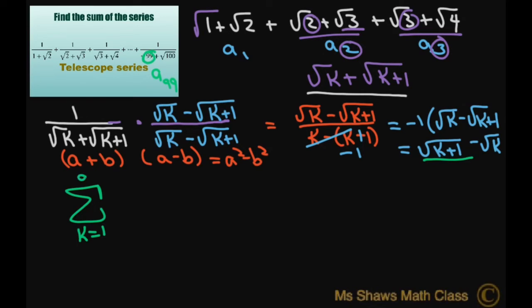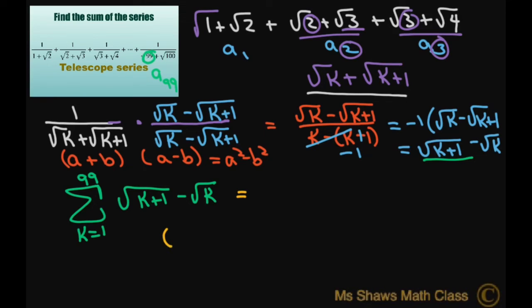So we're going to the 99th term, and then we're going to write square root of k plus 1 minus square root of k. All right, and writing this out a little bit, I don't know if I can squeeze it all in here. I'll try to.